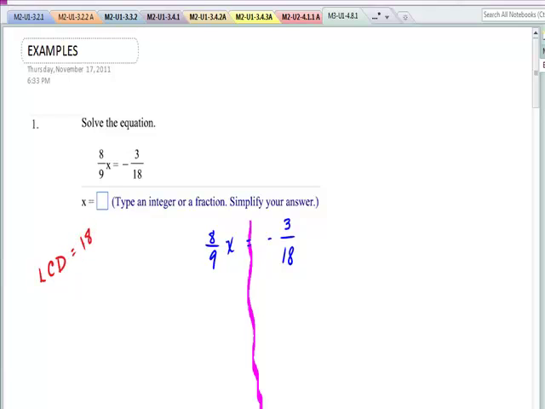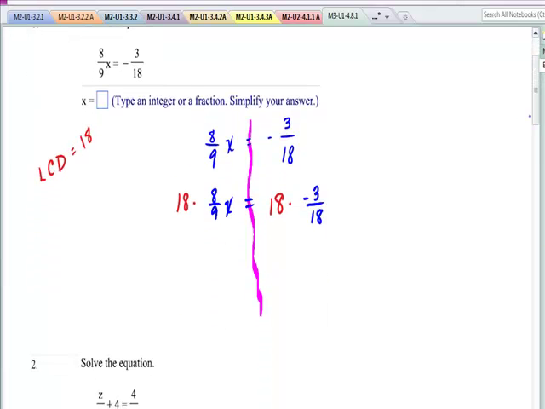Now, I don't put them over 18. I use 18 because this is an equation. I'm going to multiply 18 times 8/9 x is equal to 18 times negative 3/18. Each one of these is a little multiplication problem to simplify.